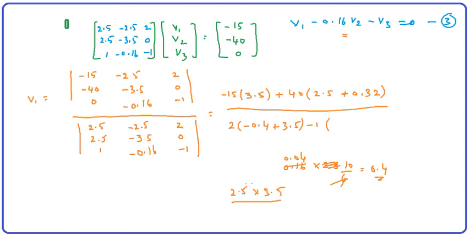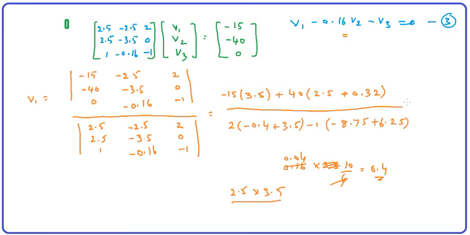Let me take the calculator and finish it off. 2.5 into 3.5 is 8.75, and minus is always there, so minus 8.75. And minus of 2.5 into 2.5, which is 6.25, minus of minus is plus 6.25.